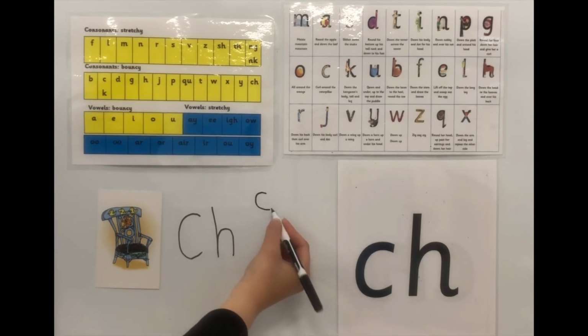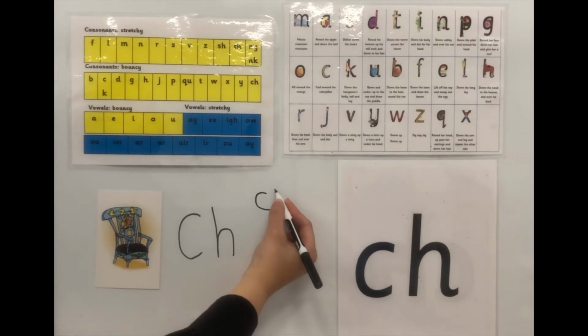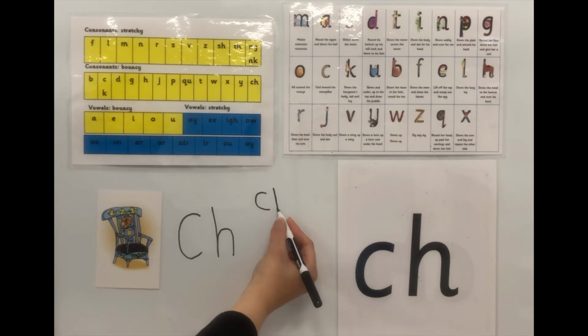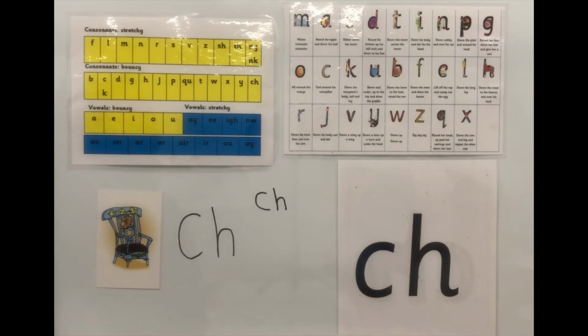Curl around the caterpillar, down the head to the hooves and over his back. Our next sound was air. Can you look for air on the sound chart?